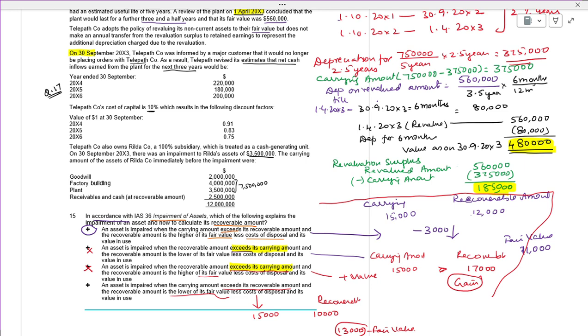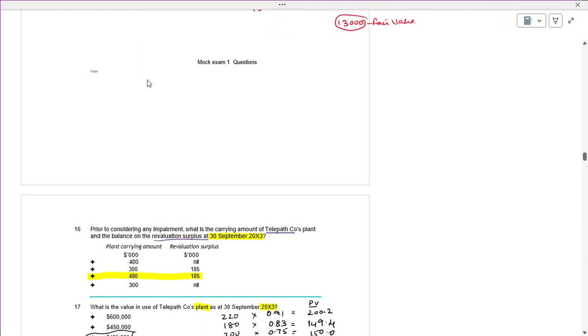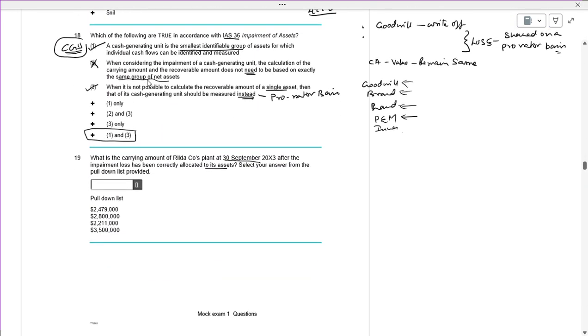Now, the same thing we have to work out. Just remember those values: 2, 4, 3.5, 2.5. Is it right? What will happen? You will have goodwill. How much is goodwill? Write the carrying amount.